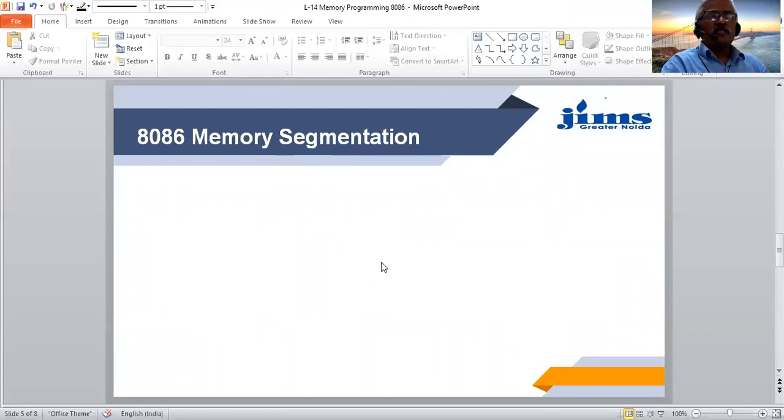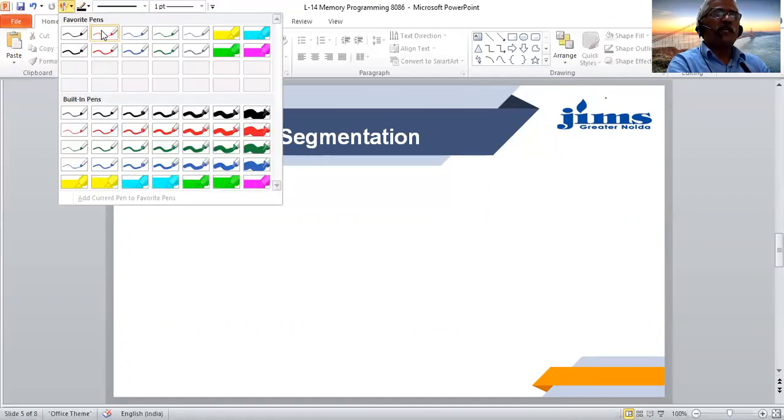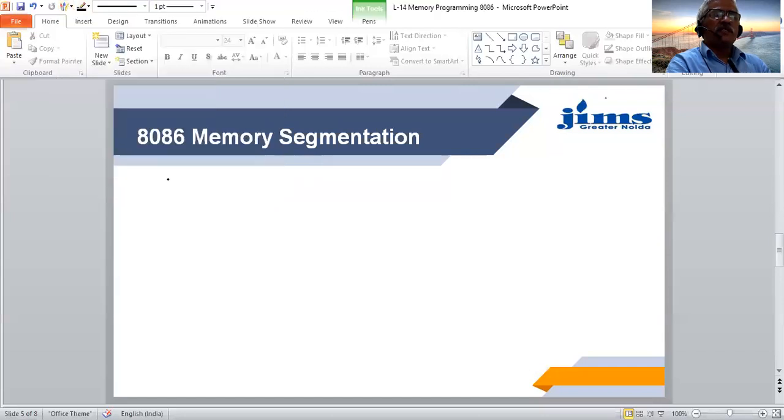Then what exactly are the different segments? Broadly, the 8086 designers have segmented the memory into 4 segments, and these 4 segments are: number 1, the code segment; number 2, the data segment; number 3, the stack segment; and number 4, the extra segment.